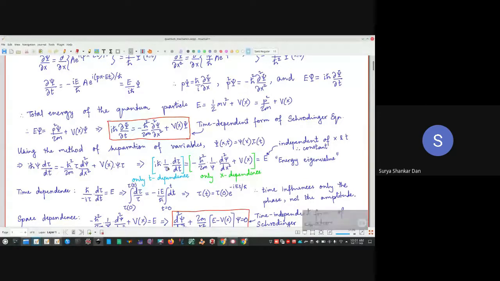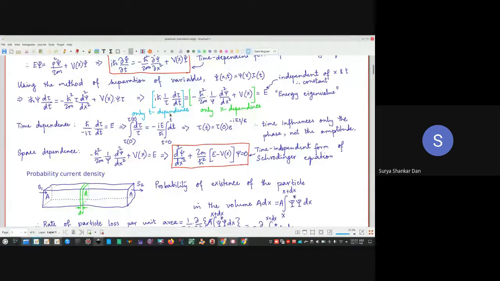And then we went on to understand that time dependence we usually ignore in almost all practical circumstances, because time dependence influences only the phase part, not the amplitude.